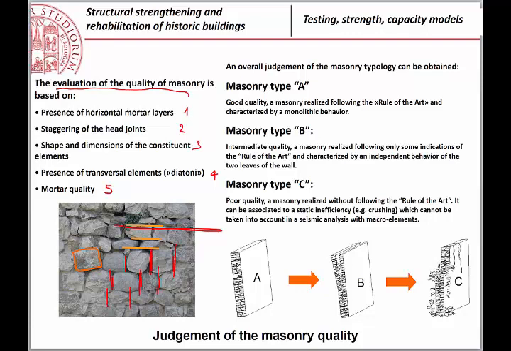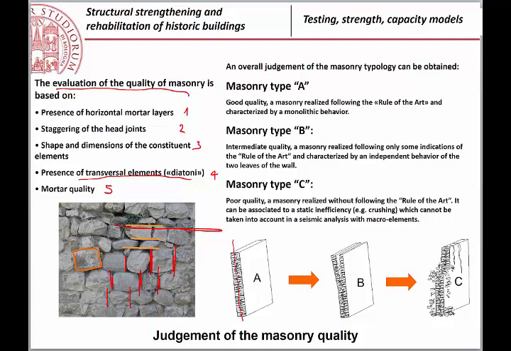Then, very important, the presence of transversal elements, those that we call in Italian diatoni. There are also translations, nice translations. I prefer to call them transverse elements because with that name you can also discuss with people from outside of Italy, which are of course very important. You see here, for example, in this picture, a wall with 2 main leaves.